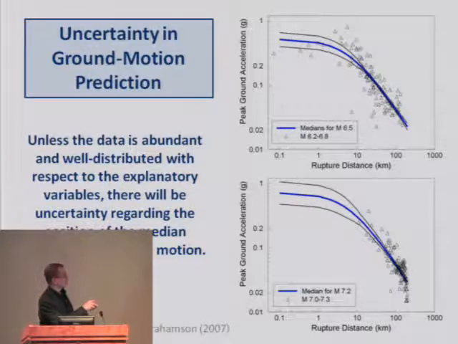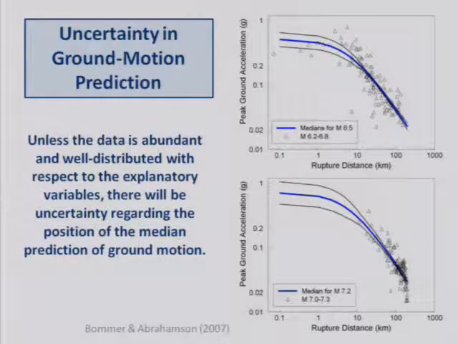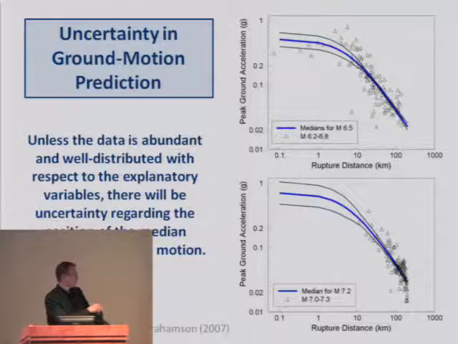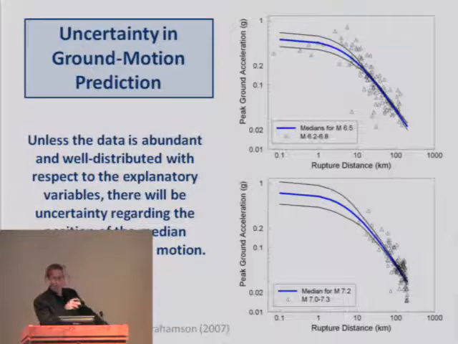This is for magnitudes between 6.2 and 6.8, which are pretty dense, around 6.8, and we have a handful of records at shorter distances. So we can actually say that the median is very well constrained down here, but somewhat less so as we come into the near source region. For larger magnitudes above 7, the data is good to constrain the median values way out, but as we come in at less than 10 kilometers from the source for this particular site class, we have no records and no constraints.